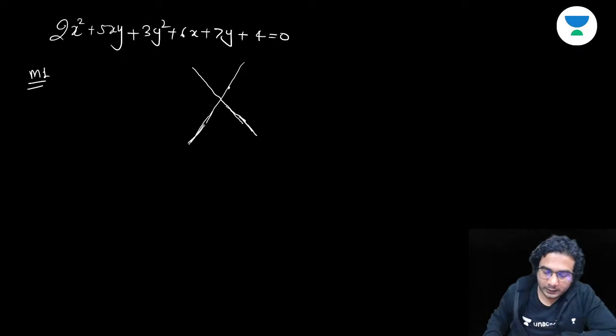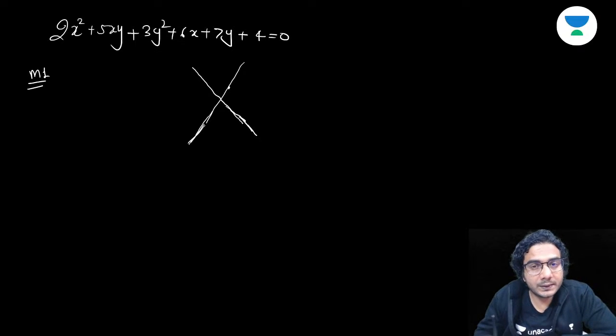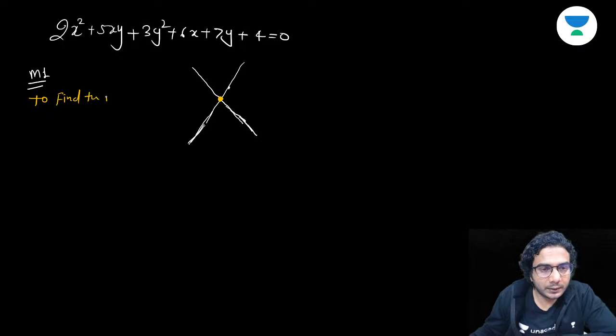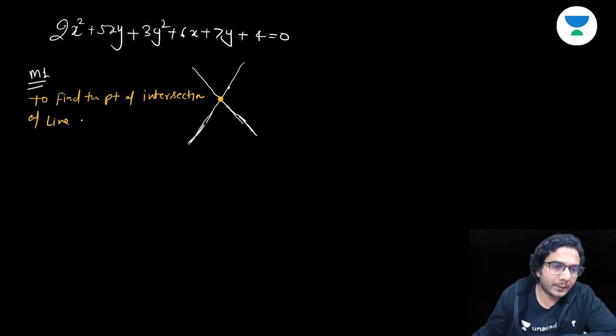Okay. To write the equation of a line, we need a point and slope. So we know how to find the point of intersection. Do you remember that point? To find the point of intersection of lines given by this equation 1.